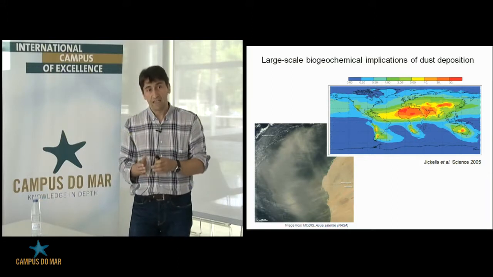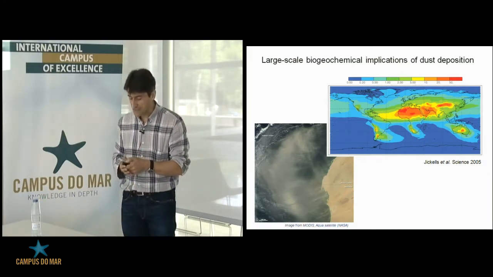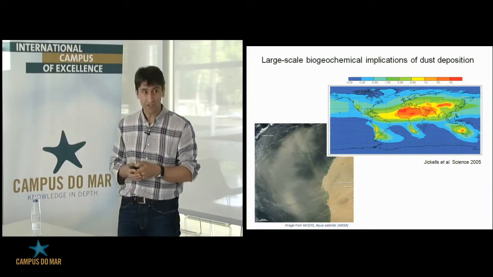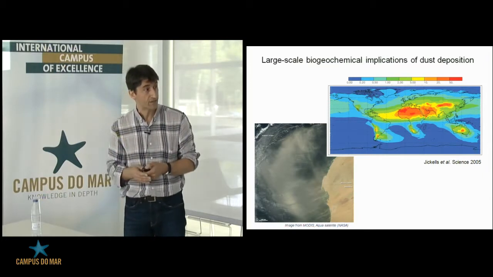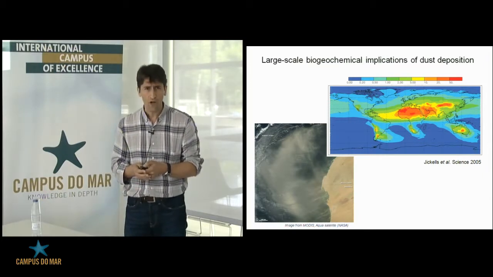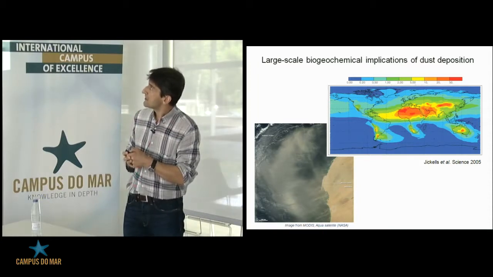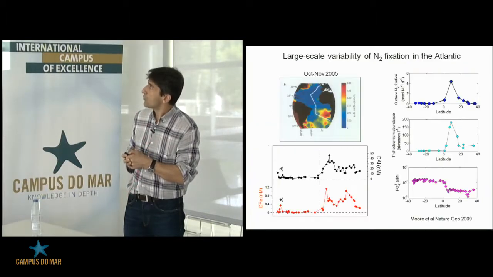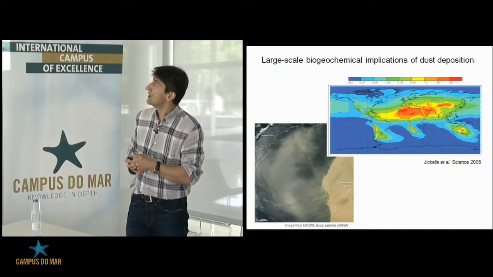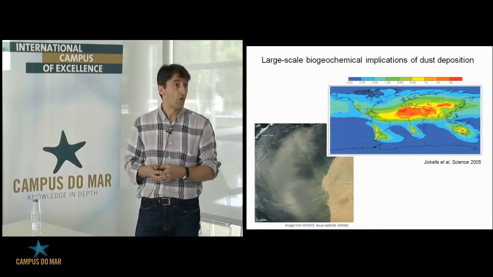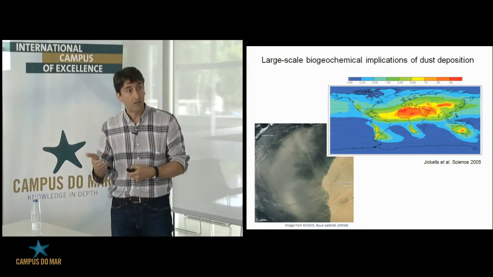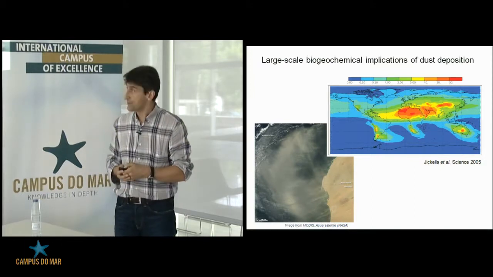So the Atlantic really provides a really nice laboratory to understand the large-scale impacts of dust deposition, because there is a really clear, marked asymmetry. In the North Atlantic, we have large deposition fluxes, whereas in the South Atlantic, we have much smaller deposition fluxes. Therefore, we can try and understand what the impact is on the biology.